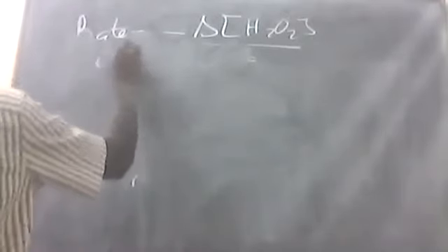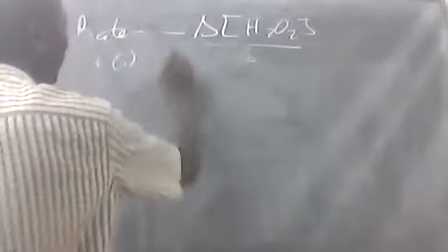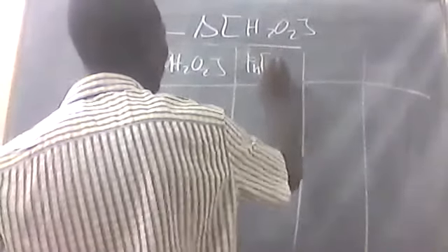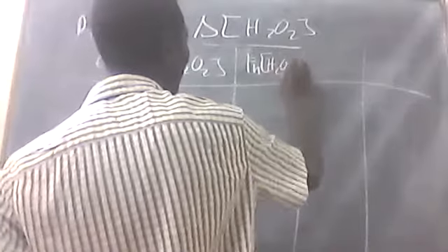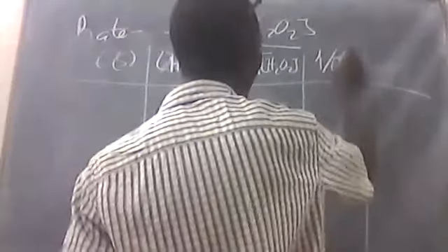Just make the table: the time in seconds, the concentration, the natural log of the peroxide concentration, and 1 over the concentration.